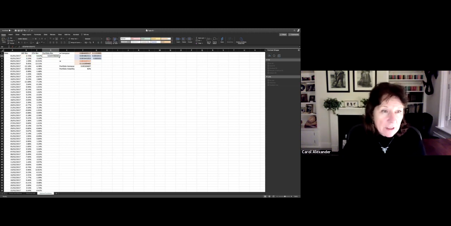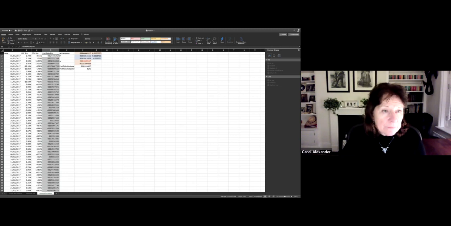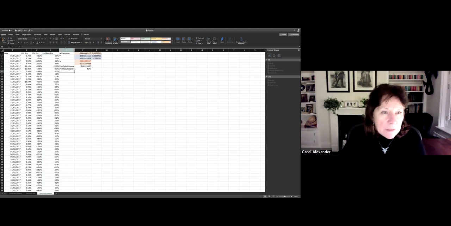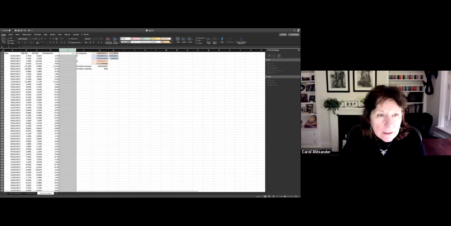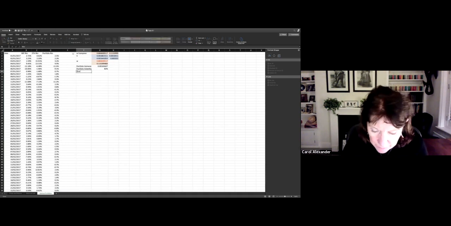That was the very first formula we saw. Put them in percent. And so now I can calculate, let's put a bit of space here, I can calculate the Sharpe ratio.